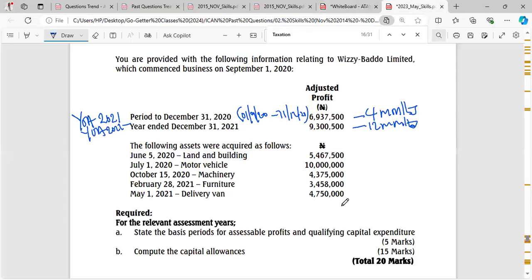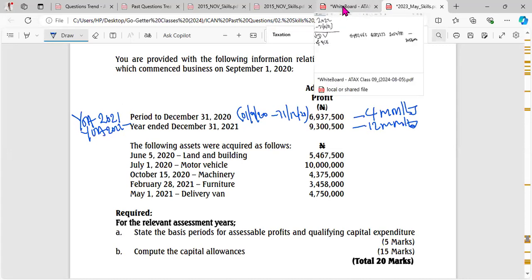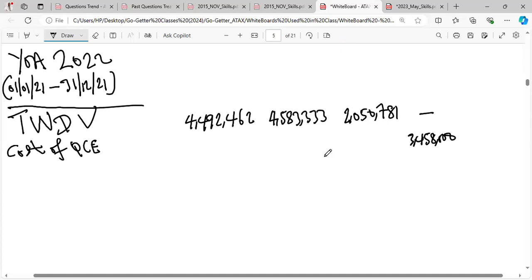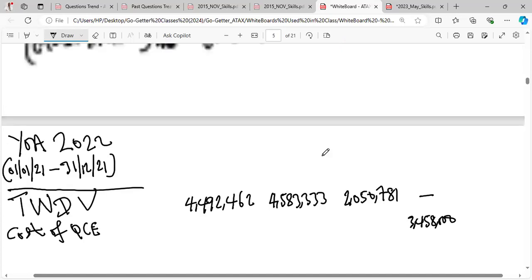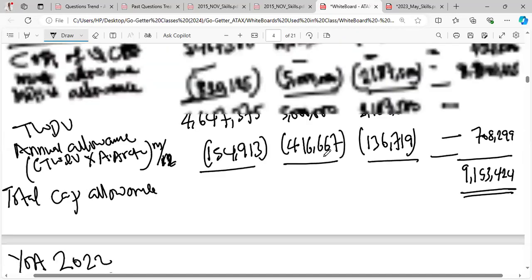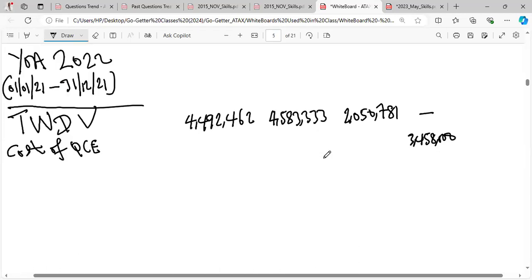Then you also bought a motor van for 750. Nothing was bought here, nothing was bought here.